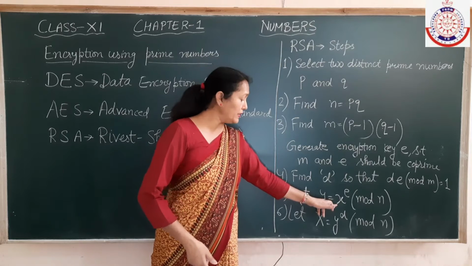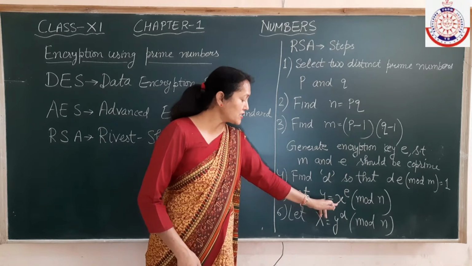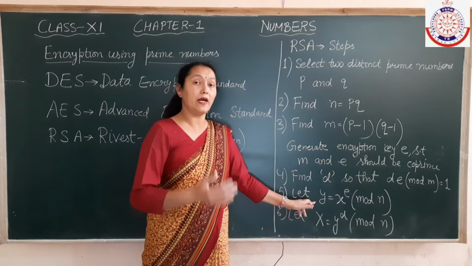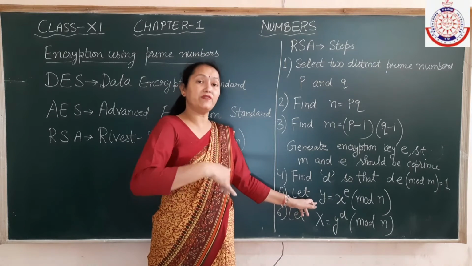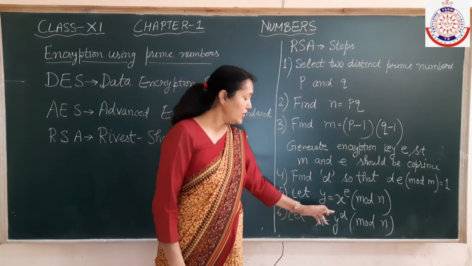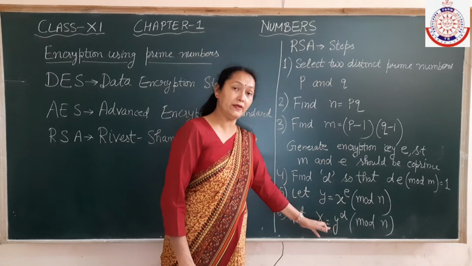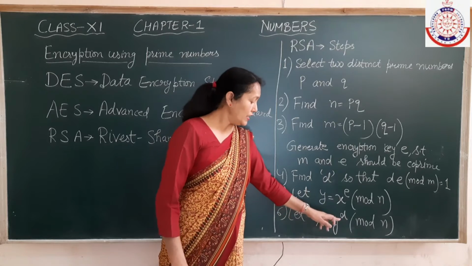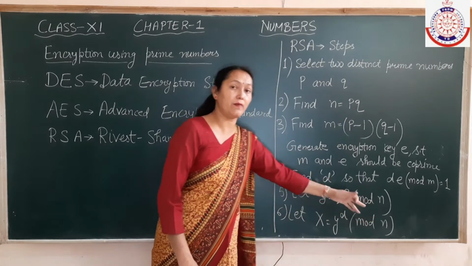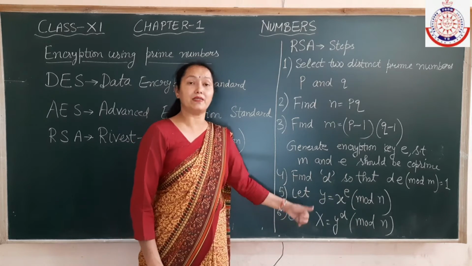The encrypted value of x is equal to y, that will be our answer. And if you want to retrieve the data back, then x is the decrypted form of y: y power d when divided by n comes out to be the original number, that is x.